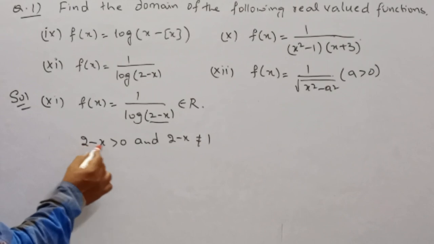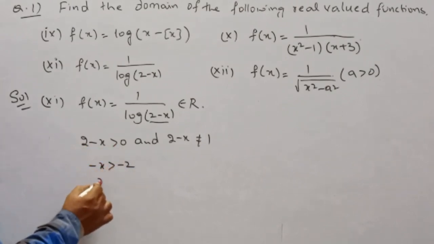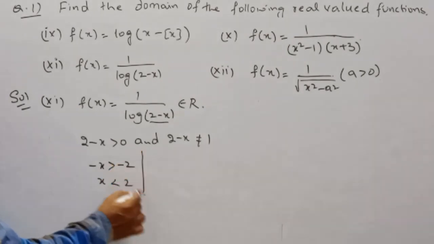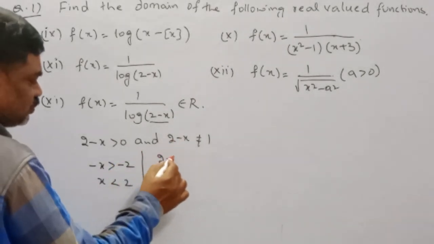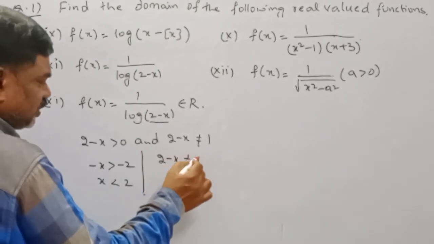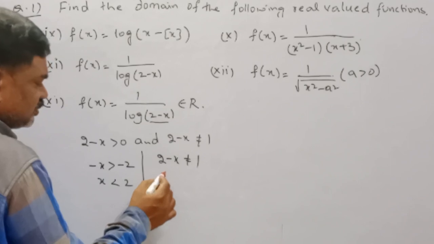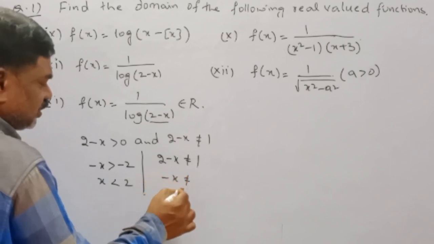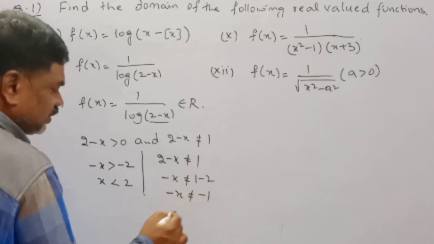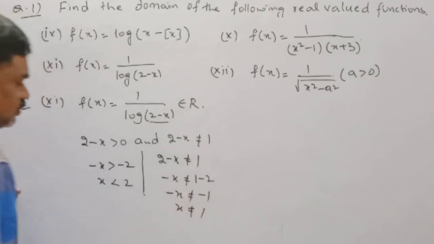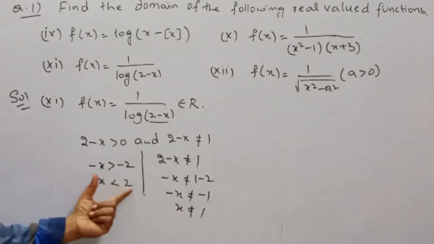So 2 minus x greater than 0, minus x greater than minus 2, x less than 2. And here 2 minus x not equal to 1, that's why minus x not equal to 1 minus 2, minus x not equal to minus 1, x not equal to 1, and x less than 2.